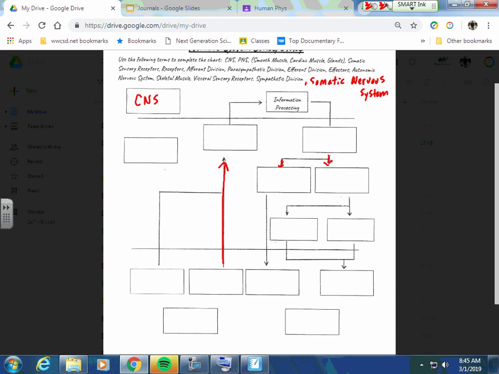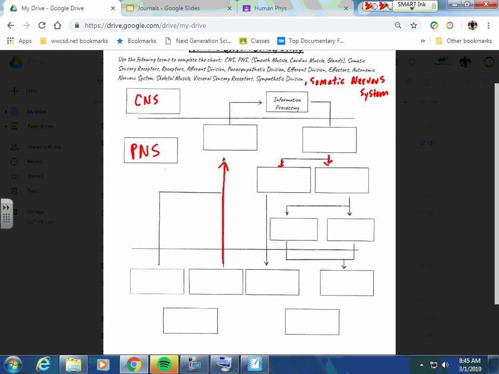Okay, so make sure you're getting all these corrections made. All right. So that's what this box represents here, the peripheral nervous system is all this. Now, these first two boxes we have here are representing the pathway in and the pathway out. And those two are going to be afferent and efferent.